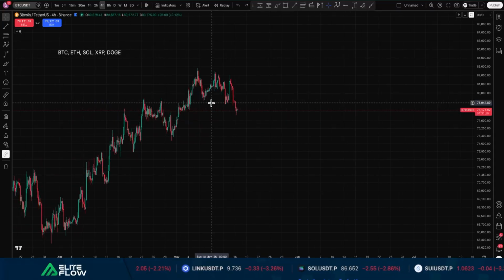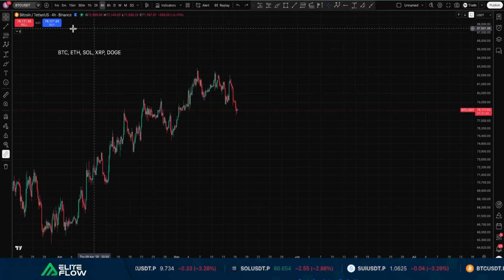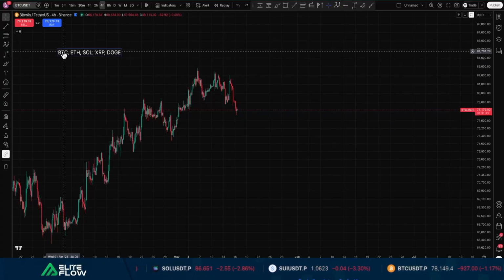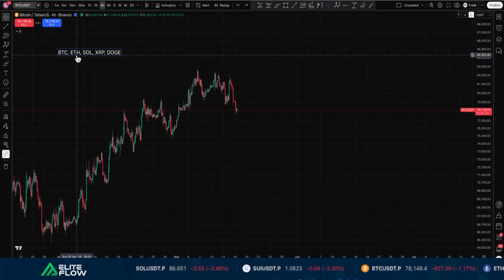So how and why do you trade these? These are the ones that are going to be useful. If you actually want to grow your account, you can stick to Bitcoin and Ethereum. These are the ones that, when I want to grow my wallet and make some real, consistent money, I use. So that's the key point.